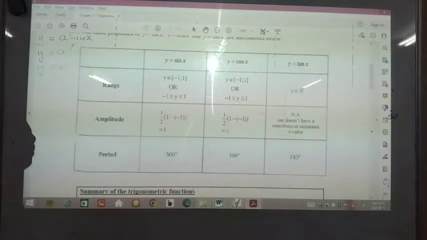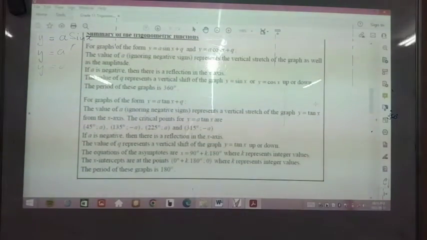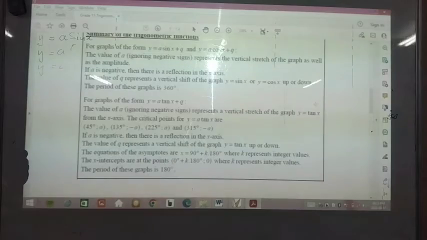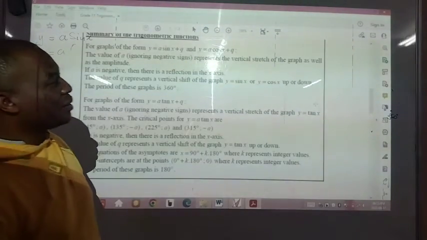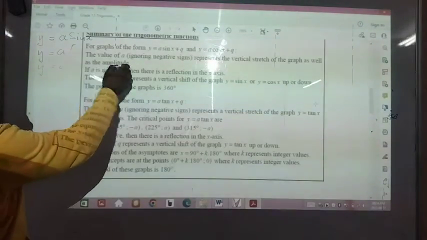Now in grade 10, you were introduced to A, and the effect of A. You summarized it as: the value of A, ignoring the negative sign, represents the vertical stretch of the graph as well as the amplitude.